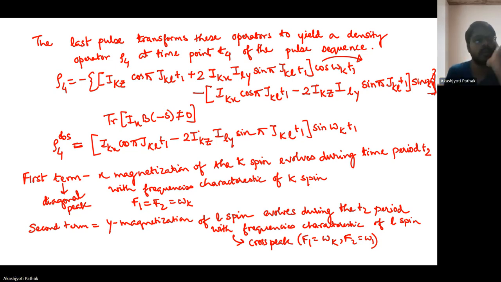Okay, so now based on this equation that we obtained here, we will calculate the evolution of these terms. How do the first term and the second term that we saw just now evolve? That has to be considered explicitly.